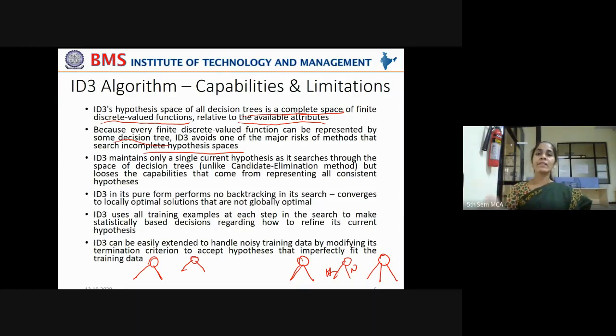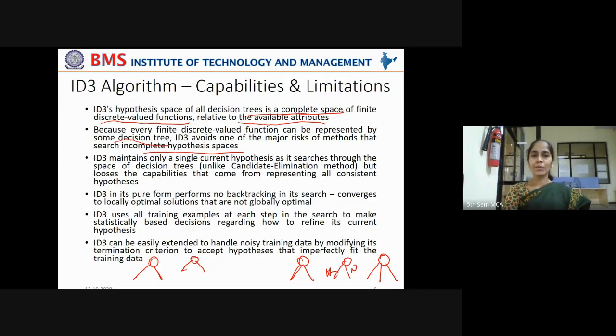That is why ID3 avoids that risk of methods that search incomplete hypothesis spaces. Hypothesis spaces are well built with decision tree learning. Why? Because it has one decision tree for every possible combination of attribute values.